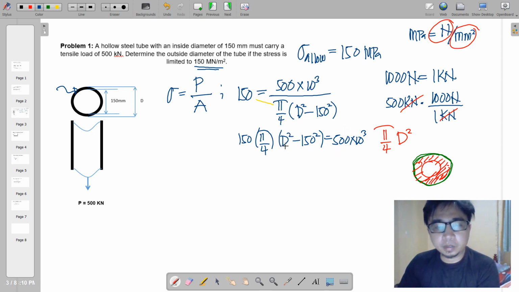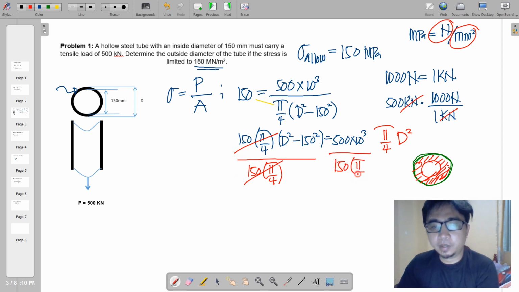We are solving for d here, so we need to isolate this bracket by dividing both sides by 150 times pi over 4, so we can cancel that one.